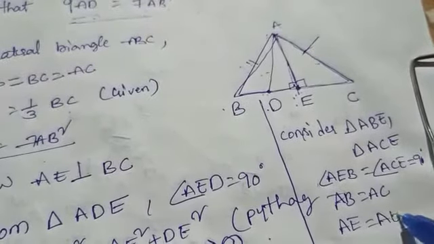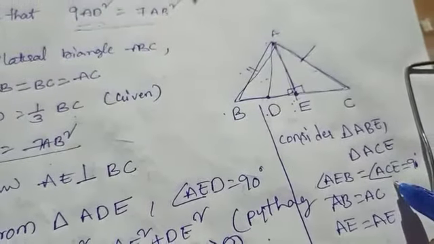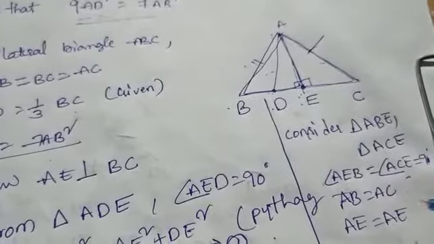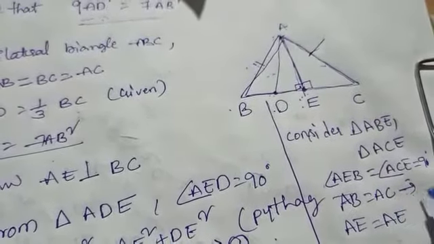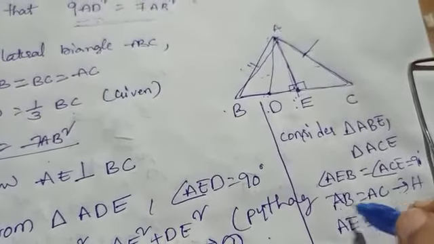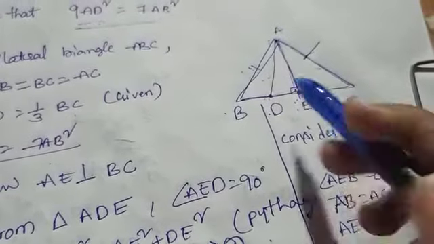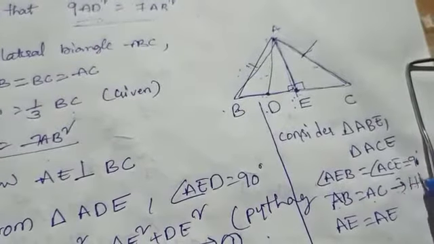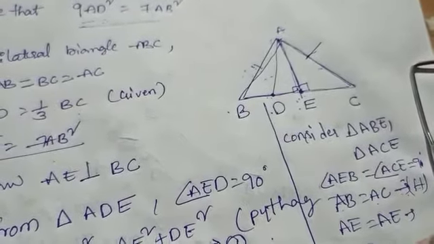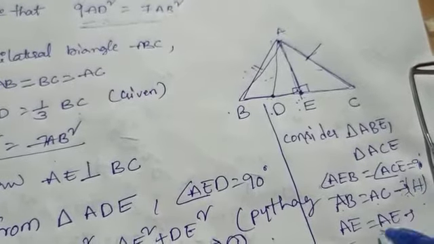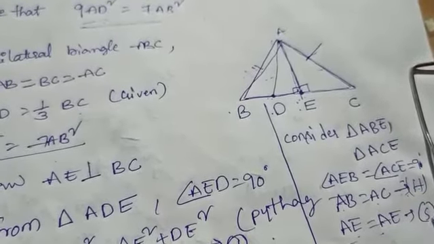AB and AC are hypotenuse and AE is the side.